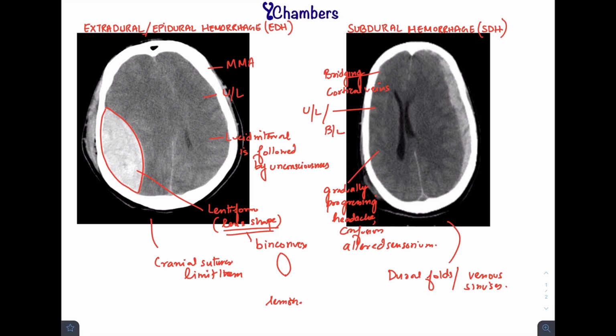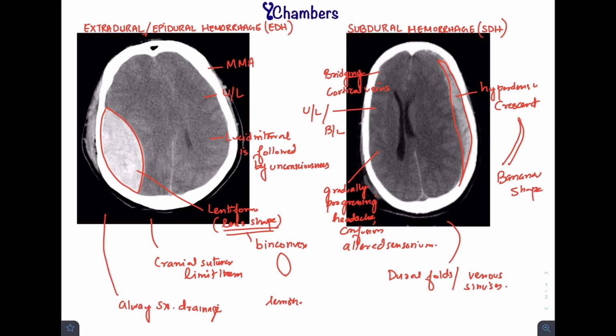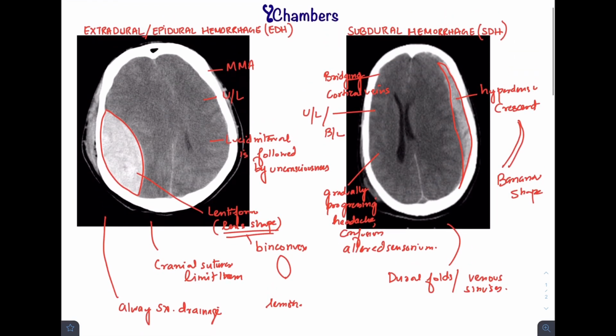But in subdural hemorrhage, you can appreciate a hyperdense crescent shape. We can say it is a banana shape also. So these are the differences which we can remember.